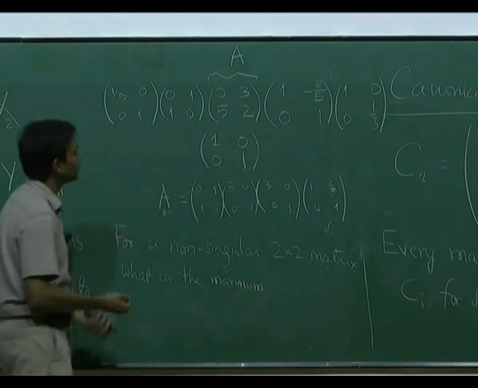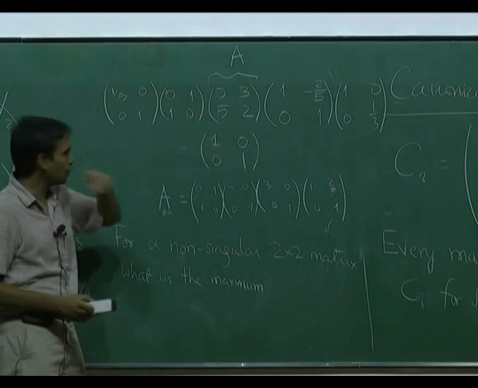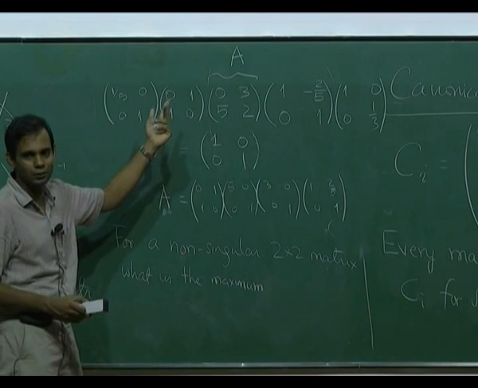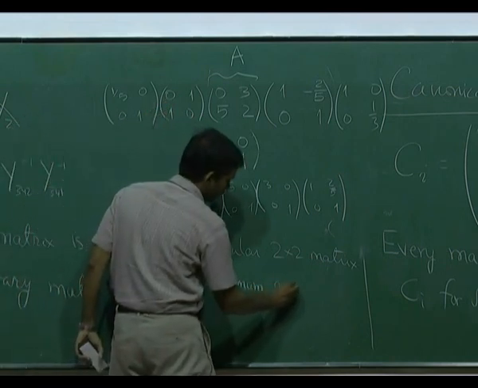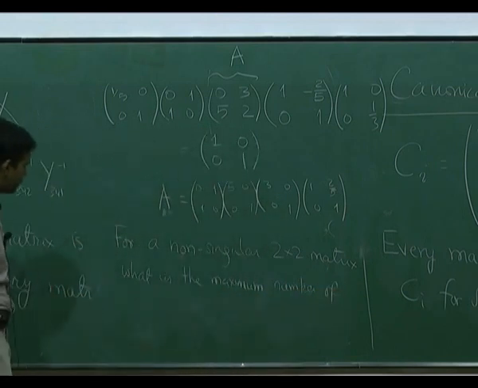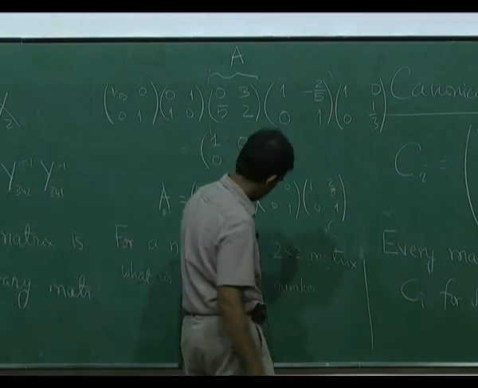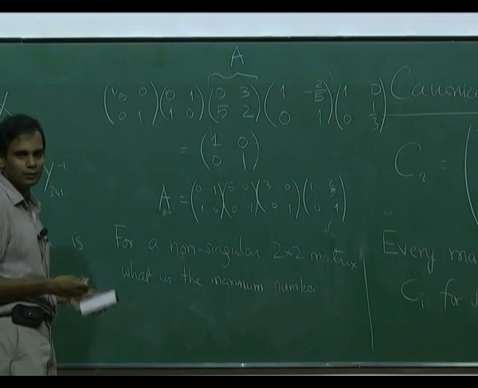Some matrices, if you start with the identity matrix, then you need 0 transformations, or if you start with this matrix, you need just 1 transformation, interchange the 2 rows. So, what is the maximum number? I am asking what is the maximum of the minimum.